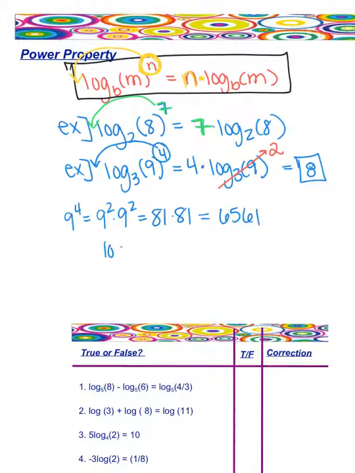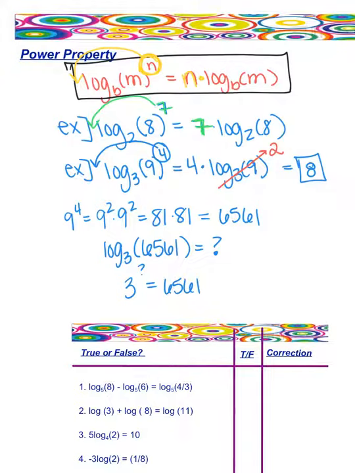So if I'm trying to evaluate log base 3 of 9 to the 4th, I'm really saying log base 3 of 6,561 equals what? I can change that if I want to into an exponential statement, saying 3 raised to what power equals 6,561. And this number is just too big.